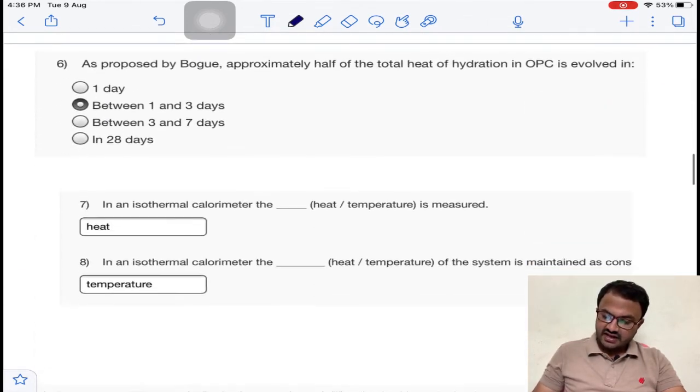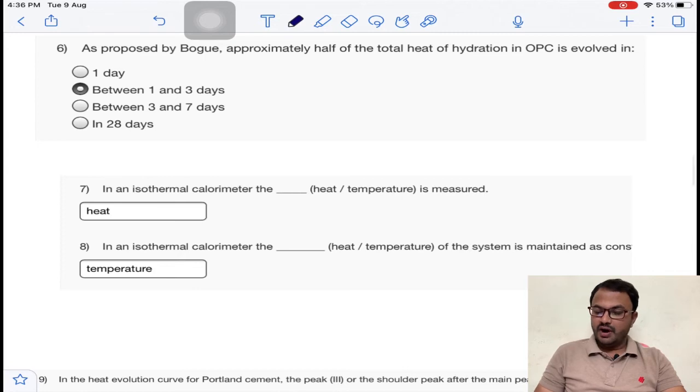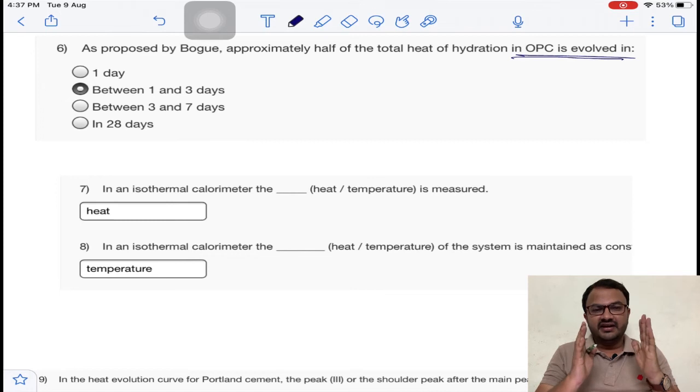And next question. As proposed by Bogue, approximately half of the total heat of hydration in OPC is evolved in, for example, out of 100% of heat of hydration during cementing, how much heat will be liberated in the first 3 days? They can ask from question to answer or answer to question.